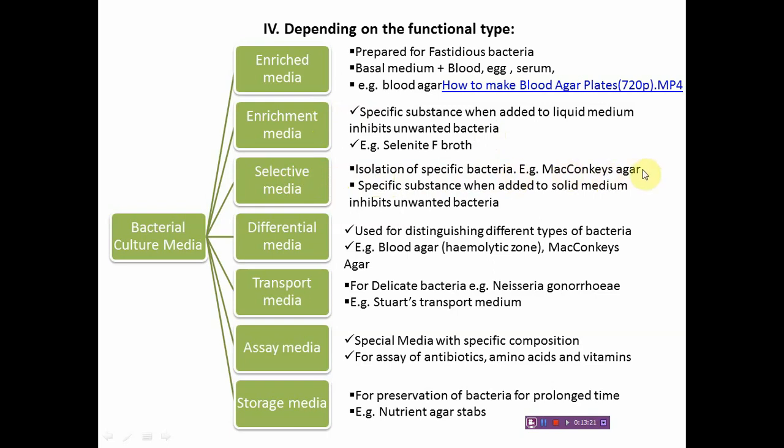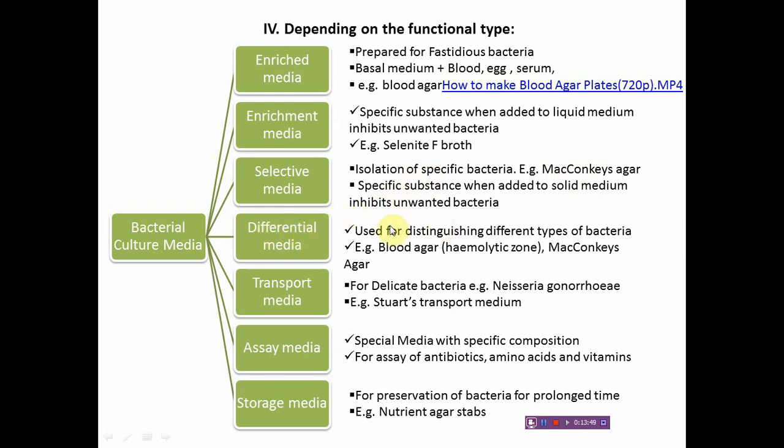For example, McConkey's agar is used for the isolation of E. coli. McConkey's agar contains inhibitory ingredients like crystal violet, which suppresses growth of gram-positive contaminants. Additionally, McConkey's agar contains bile salts or a synthetic bile derivative, sodium taurocholate, which inhibit the growth of non-enteric cells.